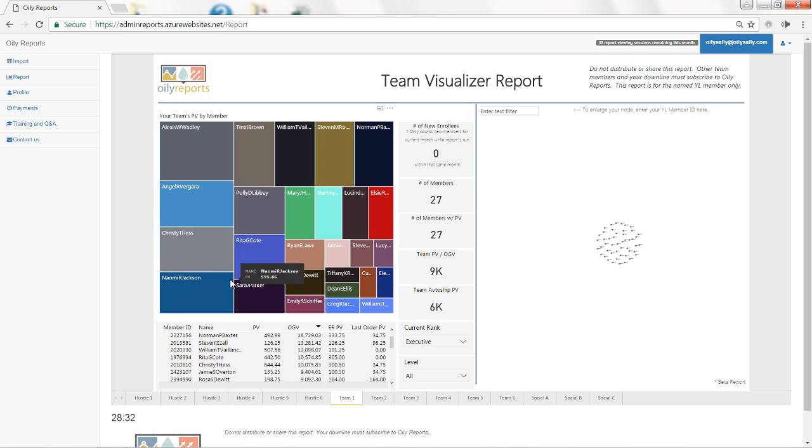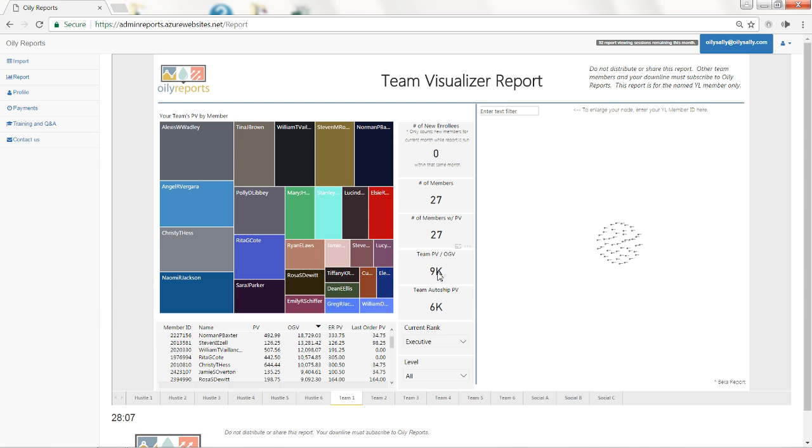But when I'm looking at my executives, I get an idea of who my big executive spenders are compared to my smaller executive spenders. Or you could look at them from OGV level and get a comparison of how much OGV each one of these members at each rank is generating.